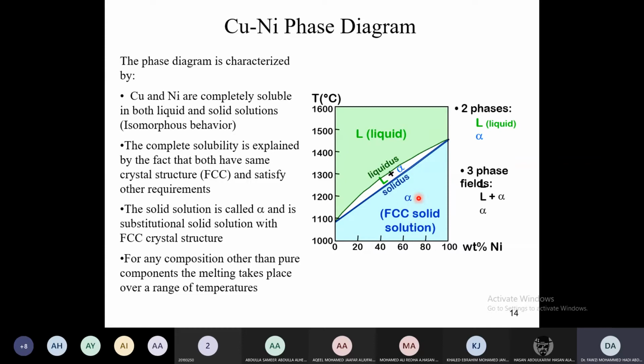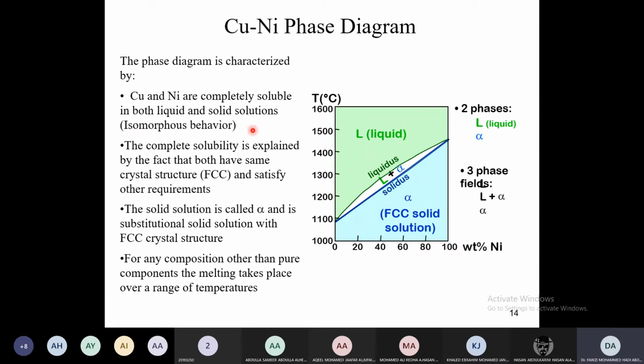So you don't form any other phase. It's always the alpha solid solution, which has the same crystal structure type, which is the FCC crystal structure. So it does not change. This is complete solubility, and this is why we refer to it as binary isomorphous behavior.